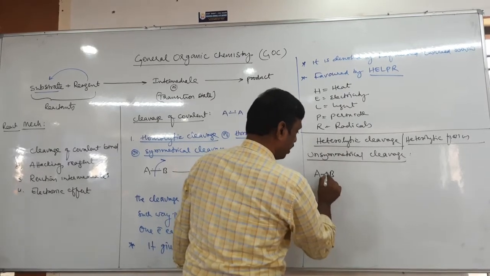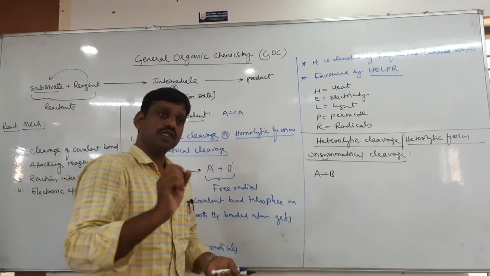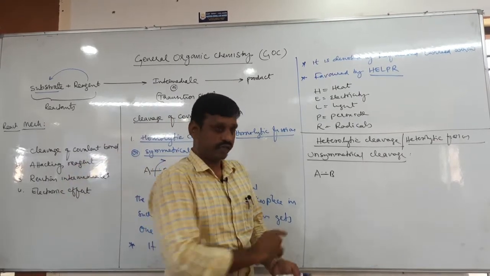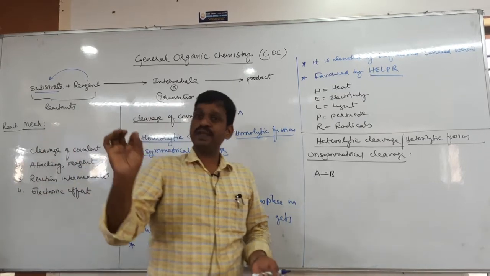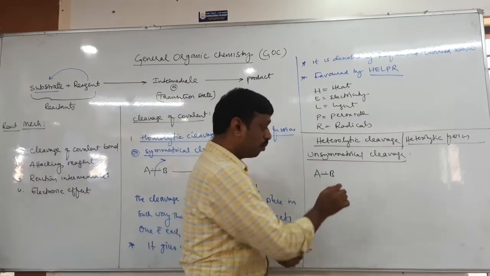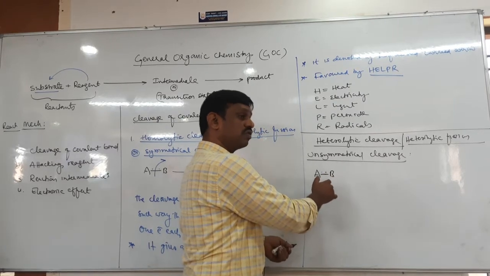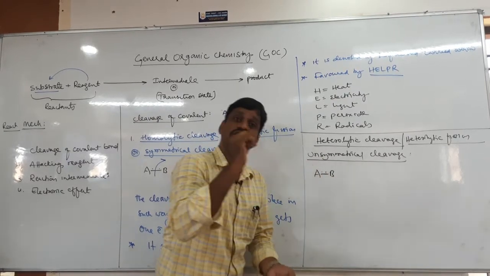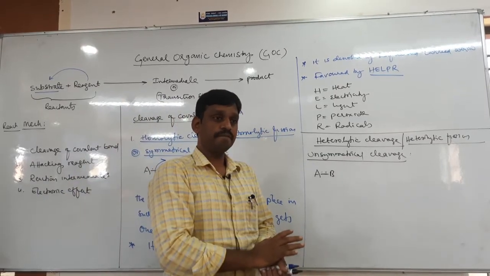Now this AB has two electrons, that is a covalent bond. A covalent bond is always formed by two electrons, right? Now tell me, the cleavage of covalent bond takes place in such a way that both the bonded electrons are taken by one of the joining atoms which has more electronegativity.